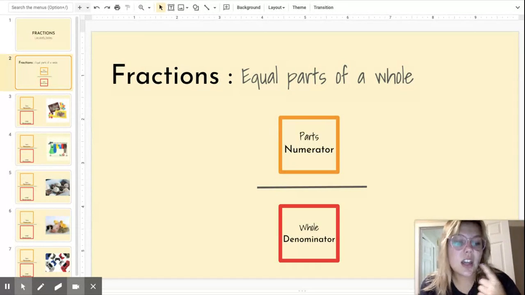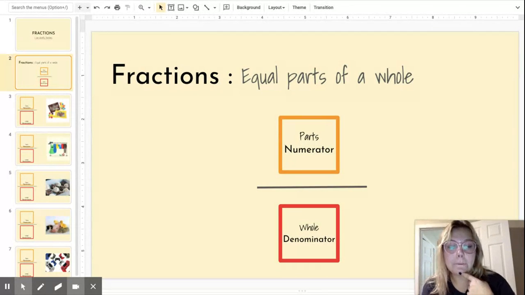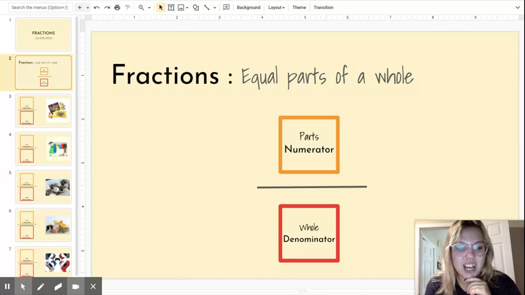Say that with me. Numerator, top. Good job following along. The bottom number can also be called the denominator. Say that with me this time. Denominator, bottom. Nice job.